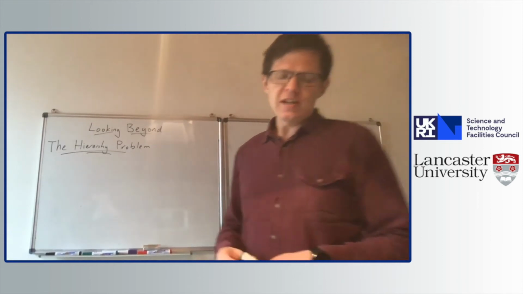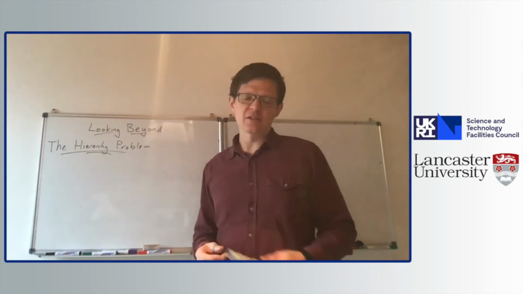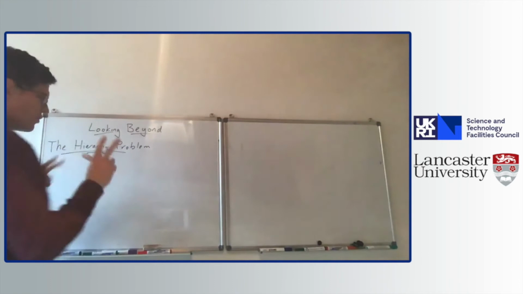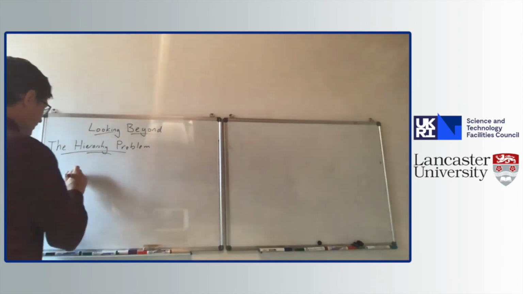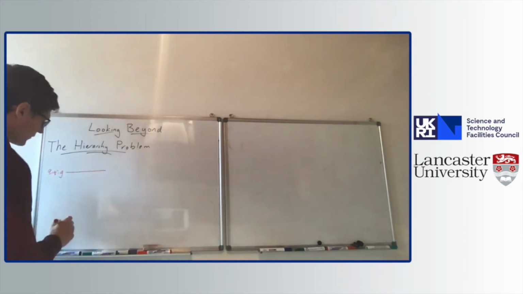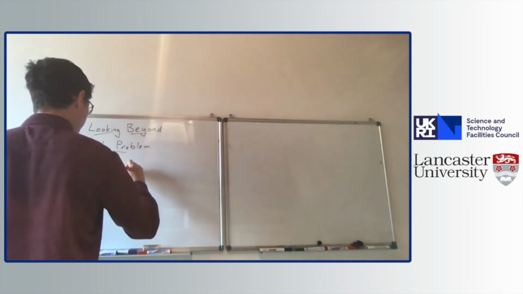Okay, so let's recall the pions and QCD. If you recall this structure, we had the UV completion, which was the standard model, with things like quarks and antiquarks and gluons.